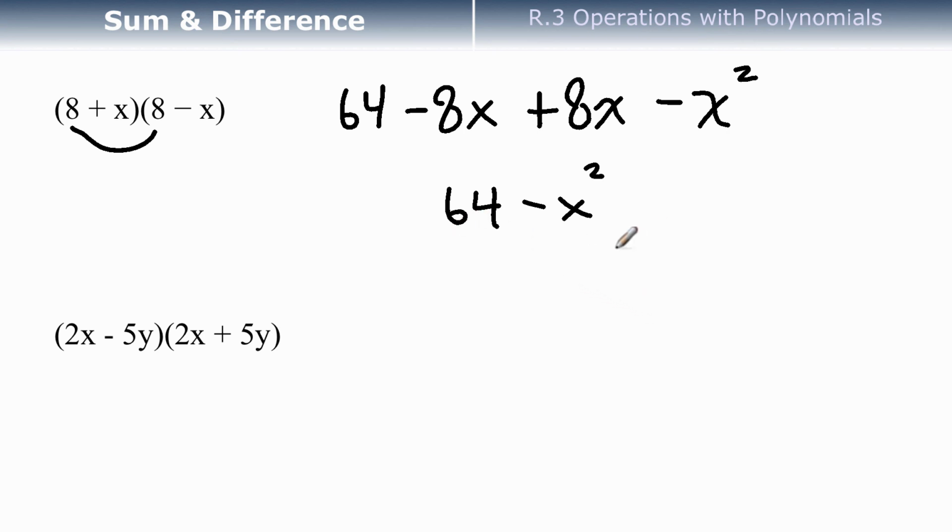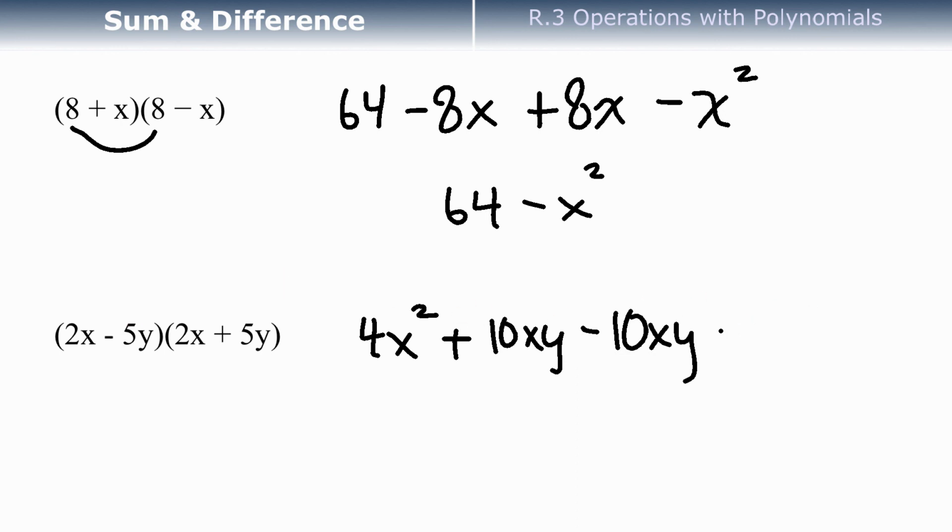And every time, if you take two binomials where one is the conjugate of the other, in other words, the sign in the middle is different, this happens every time. Here's another example. Let me multiply it out. 4x squared plus 10xy minus 10xy minus 25y squared.